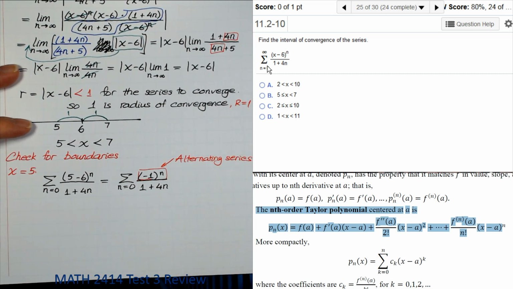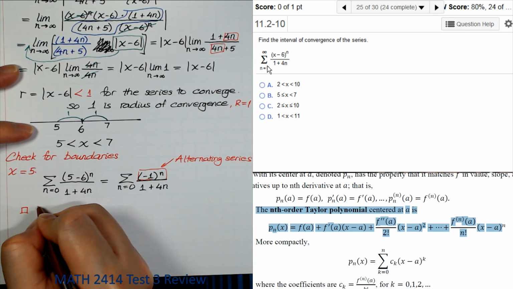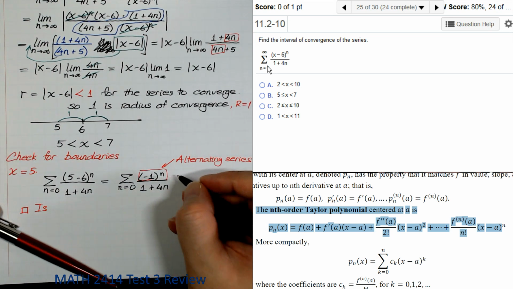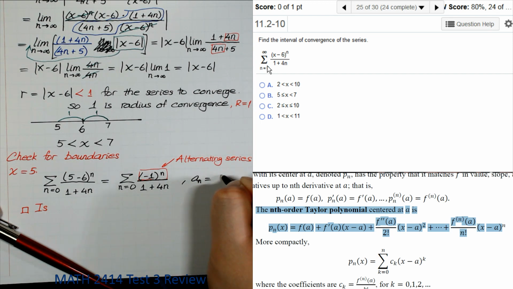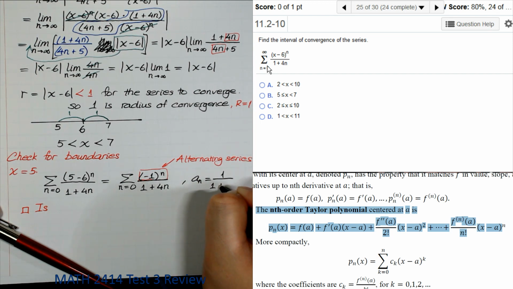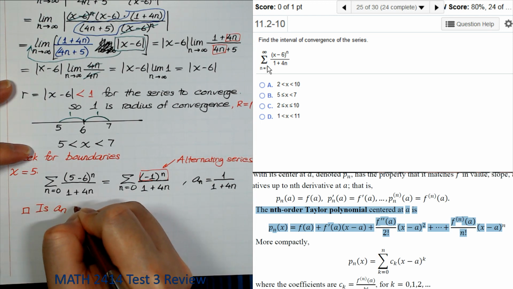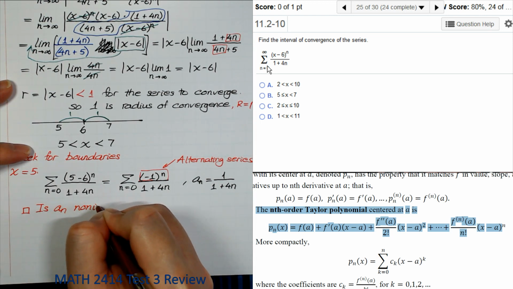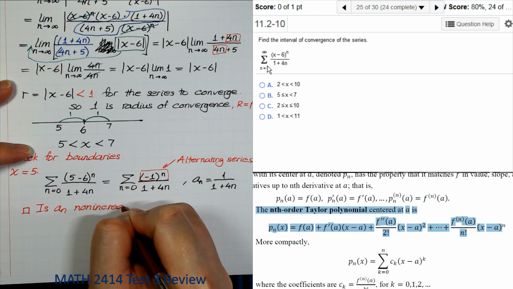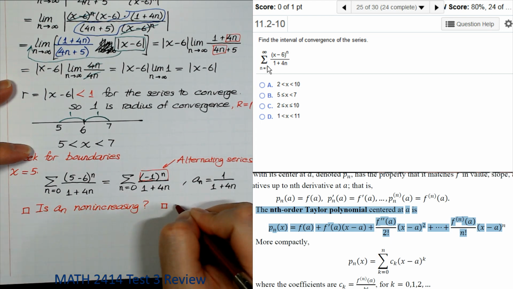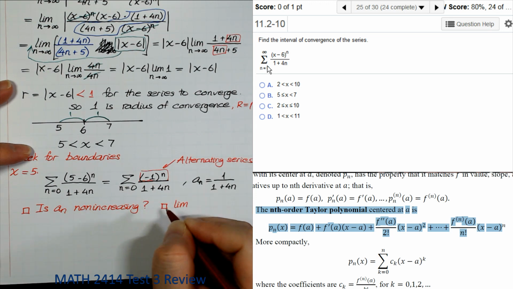We can check the boxes. Is h of n non-increasing, and does the limit equal 0?